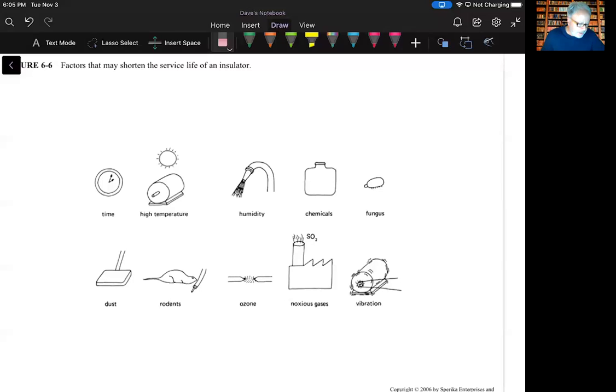So when we're talking about temperature, the higher the temperature that the electrical apparatus is subjected to, the shorter the life of that apparatus.